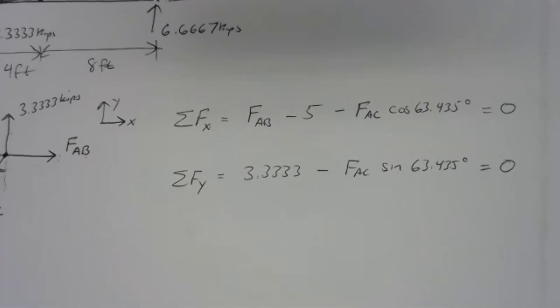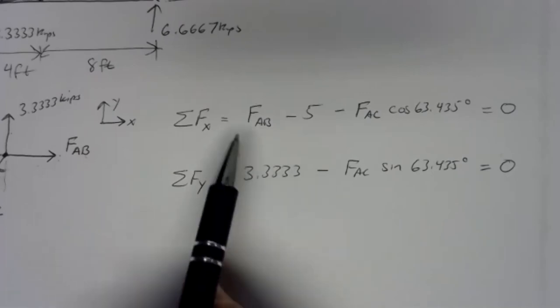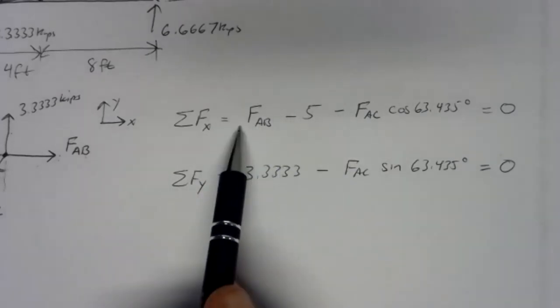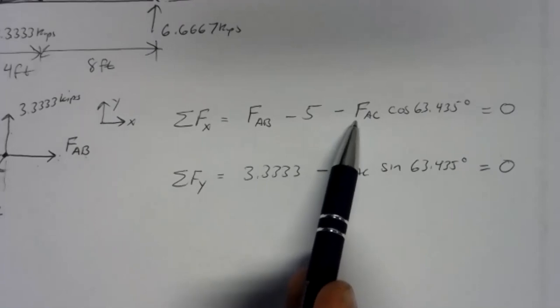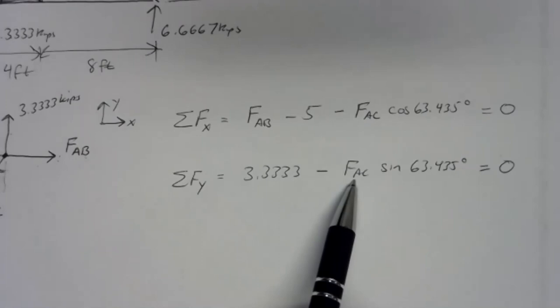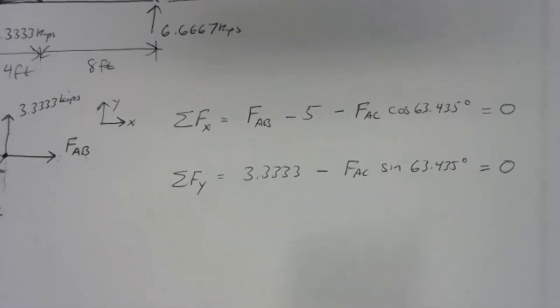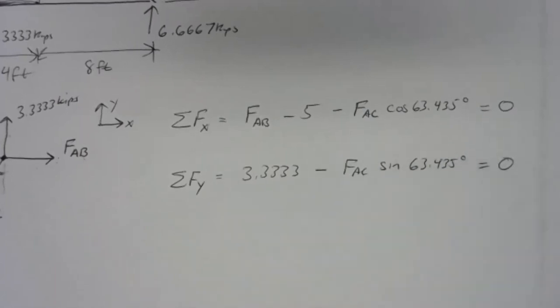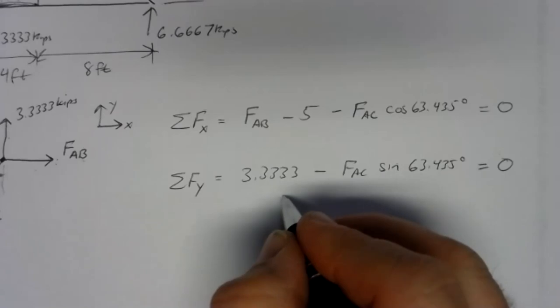Now, unfortunately, we can't solve the x direction equation right away. We're missing too many pieces. We don't know FAB and we don't know FAC. So we go to the y equation. Well, the y equation just has one unknown, FAC. And this is the kind of equation we've solved before, and we can solve this by adding FAC sine of 63.435 to both sides.